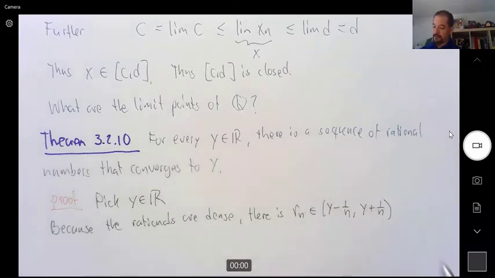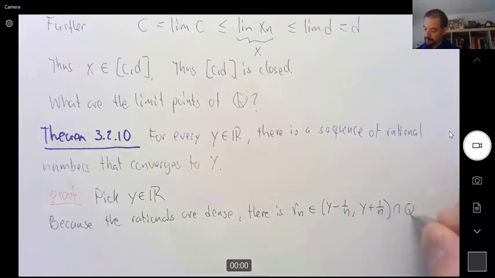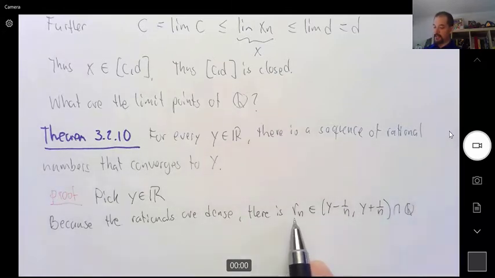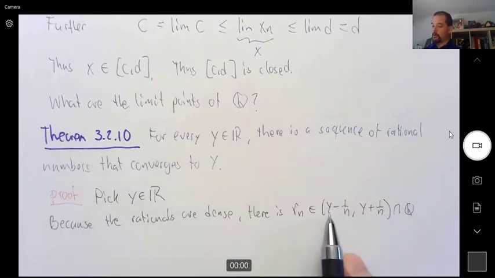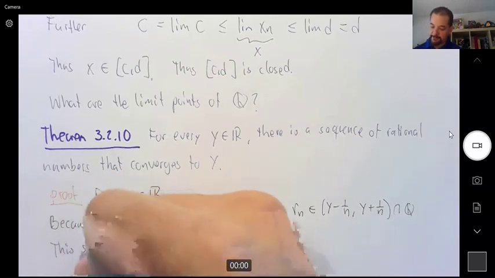You take y and you go 1 over n this way, 1 over n that way, and there must be some rational number in there. So let me put intersection Q. So this is simultaneously a rational number, and it is between y minus 1 over n and y plus 1 over n.